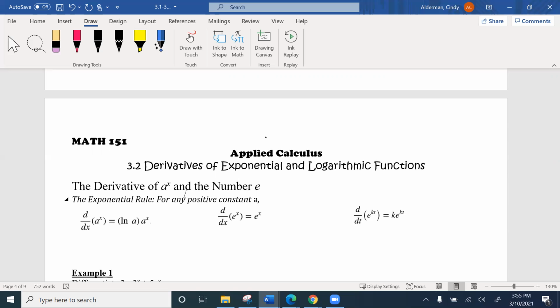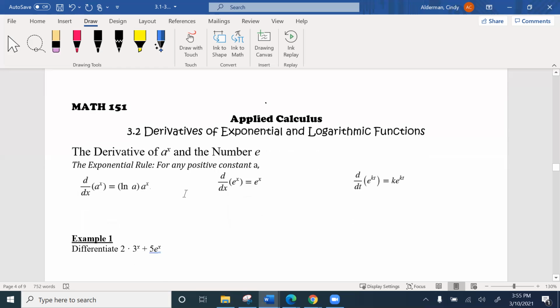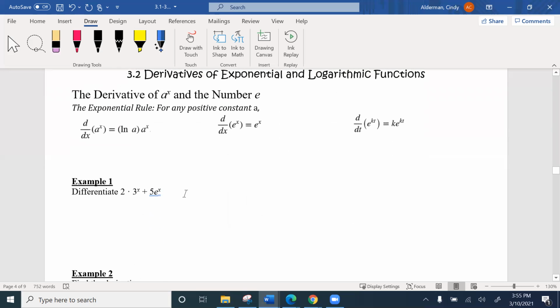All right, so here's some more rules for when you take derivatives of exponential and logarithmic functions. And if you've never seen these formulas, they're not difficult by any means. You just have to know when to spot, oh, that's a log function or that's an exponential function. That's all. But the formula is kind of like the power function, right? It's not that hard of a formula once you do it a couple of times.